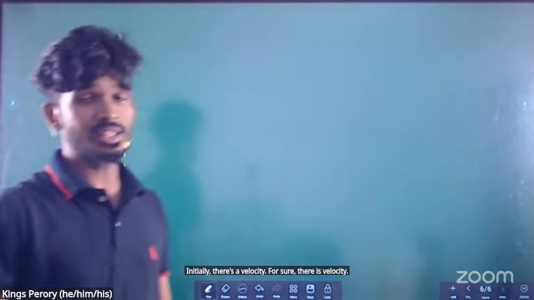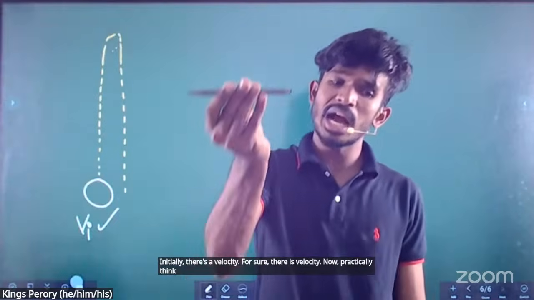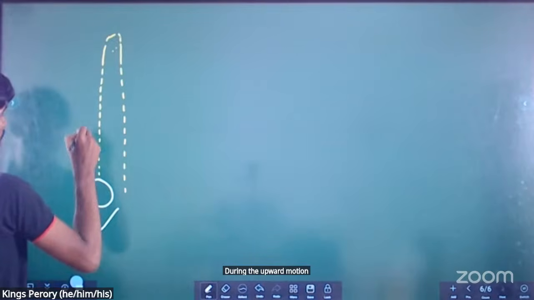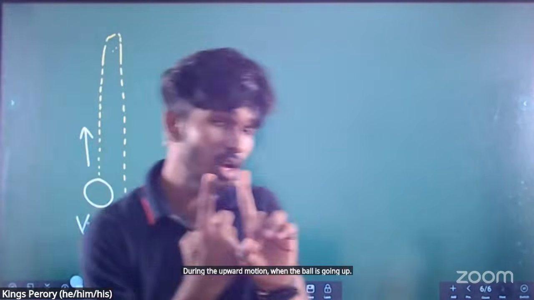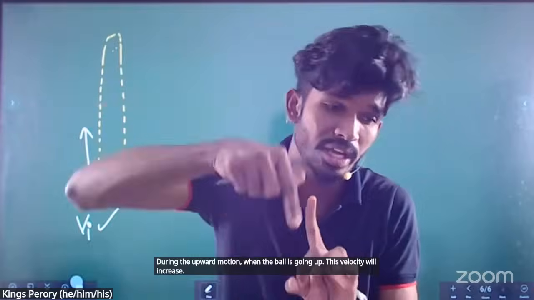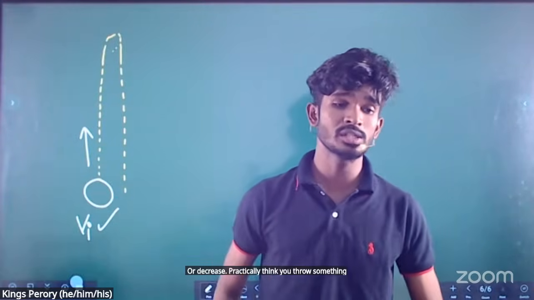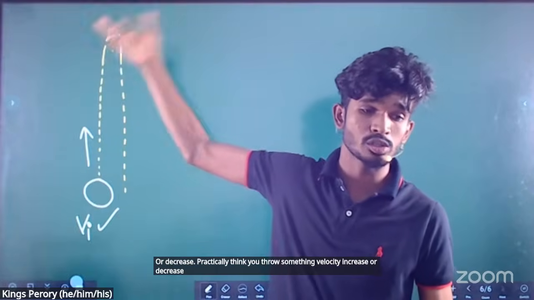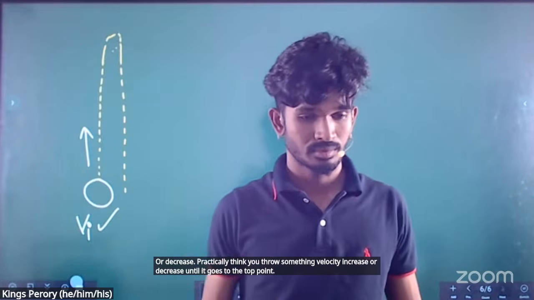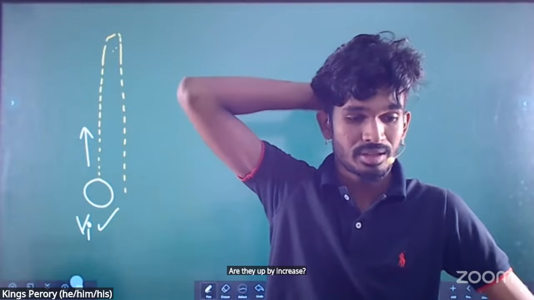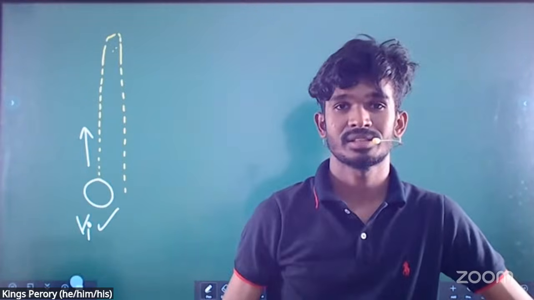Now practically think. When the ball is going up, during the upward motion, will this velocity increase or decrease? You throw something, does velocity increase or decrease until it goes to the top point? Decrease.